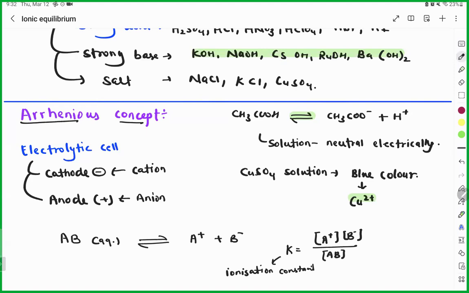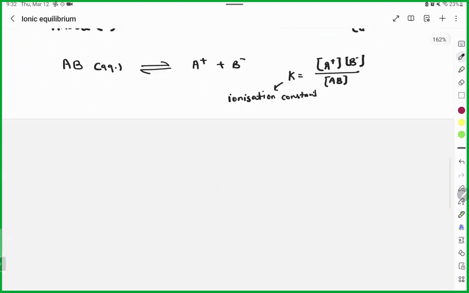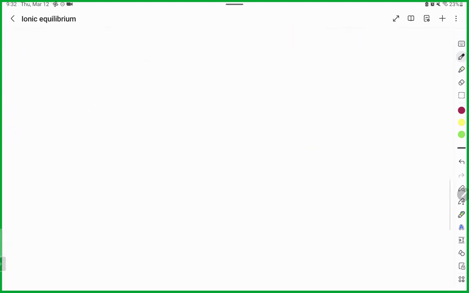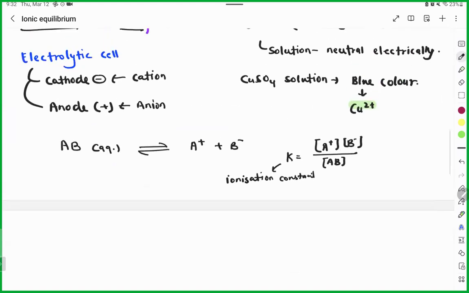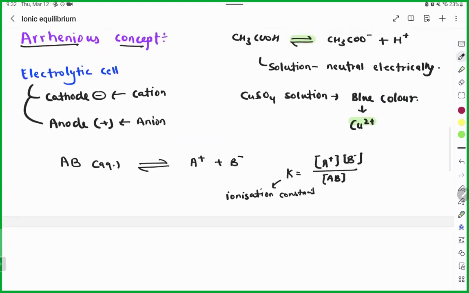Any doubt, guys? So next question, Chandana. Is H2SO4 a strong acid in aqueous solution? Chandana, is H2SO4 a strong acid or not in aqueous solution? Yes, it is a strong acid in aqueous solution.